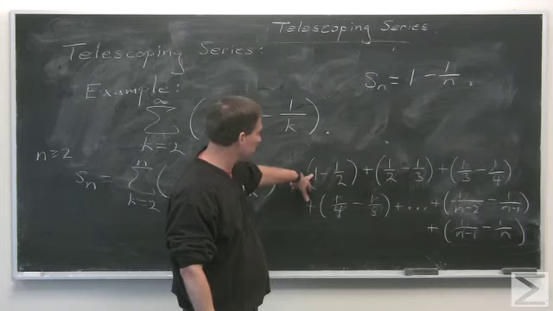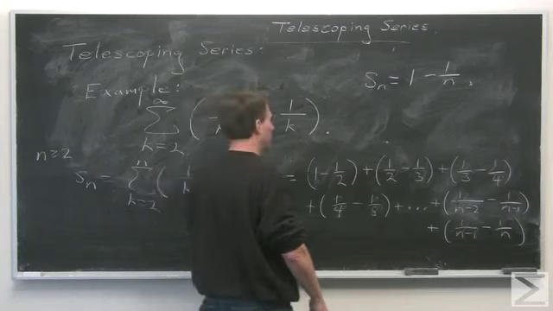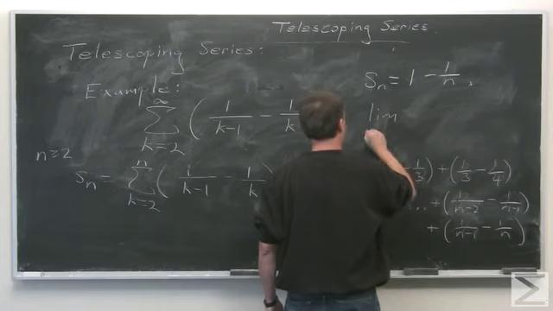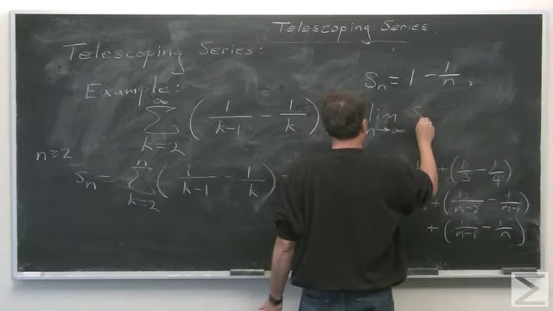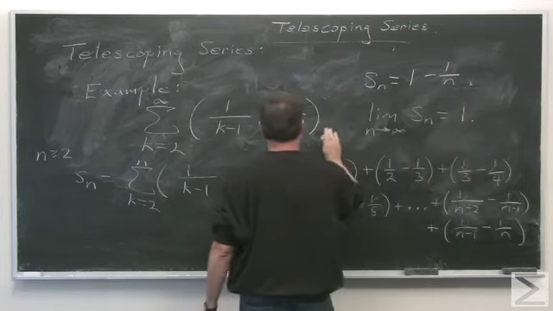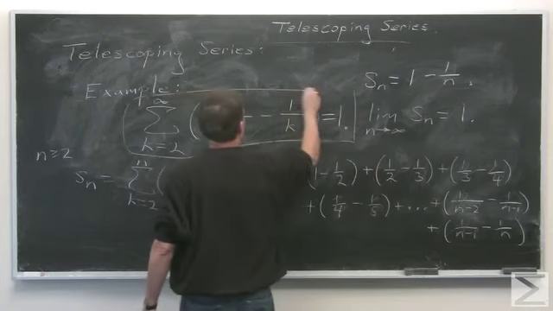And all you're left with is this first part, the 1, and that minus 1 over n. Well, then what do the partial sums do? Right, the limit as n goes to infinity of the partial sums, which is the sum of the series. This part goes to 0. And so it's 1. Yes, the series converges, and what it converges to is 1.